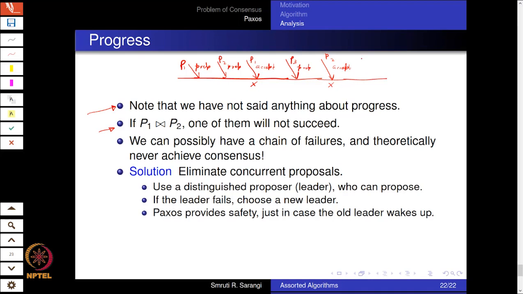Then P2 sends a P4, and P3 fails, and P4 fails, and P5 fails. It is possible we might have an infinite sequence of such failures. So at the end, no proposal will succeed in both the phases. And because of this infinite chain of failures, we'll theoretically never achieve consensus.